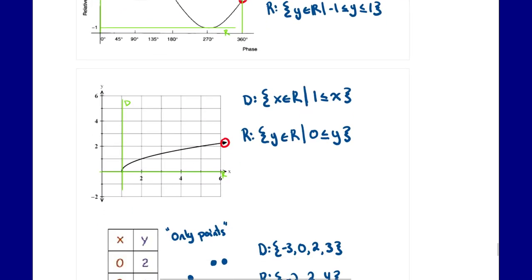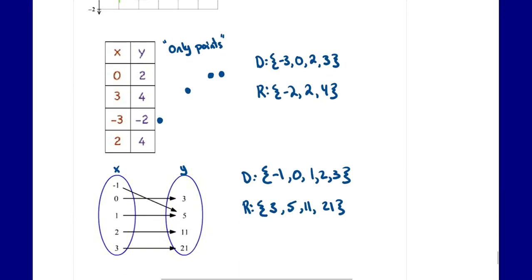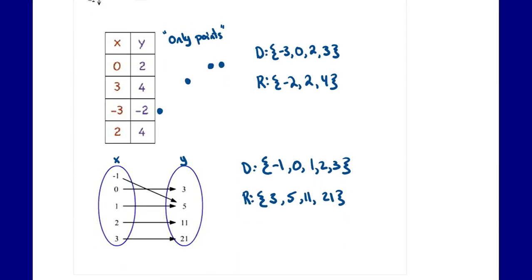We're looking for the upper and lower limits or restrictions for the x and y values. When we have a table of values or a mapping diagram, we're just listing the possible values. It's going to be a little bit tricky to get the notation down, but as long as we remember domain is the x values and range is the y values, that's a good start.